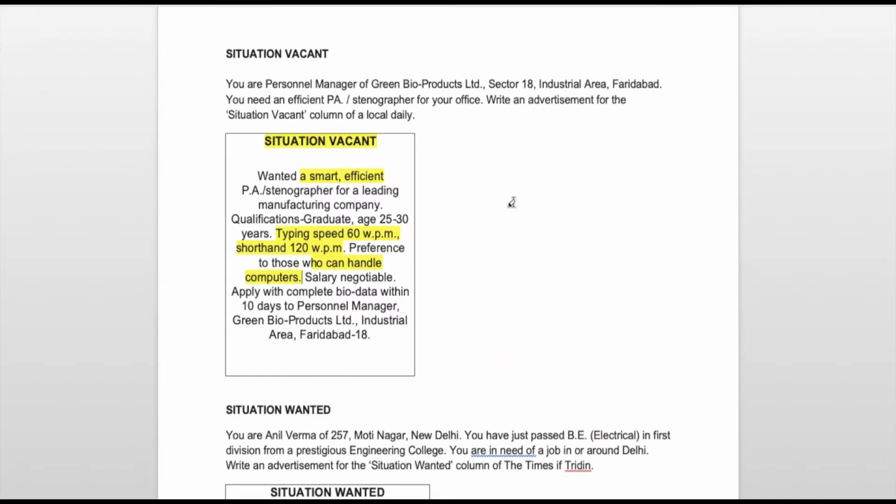This advertisement is put up in a newspaper on behalf of the personal manager, and then this ends with the address of the manufacturing company. So now if someone has some doubts or has to go personally for a walk-in interview, he or she can note down this address for reference. So we have all the major points asked in the question, and this may fetch you full marks.